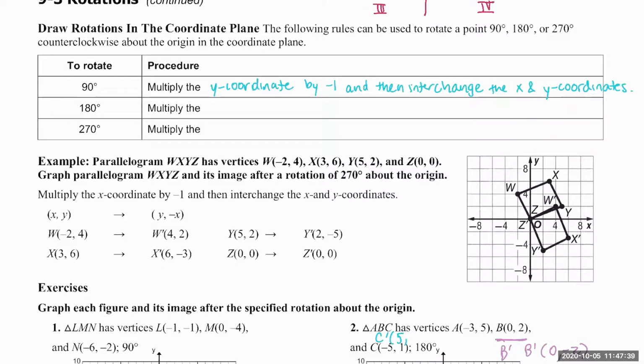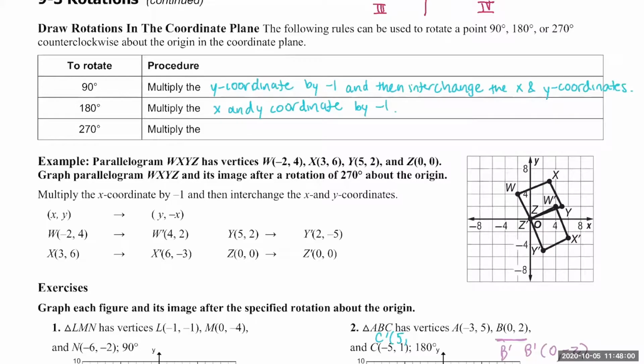Okay, so here it says multiply the y coordinate by negative 1, which means make it the opposite, and then interchange the x and y coordinates. 180 degrees, we saw that we didn't have to interchange. We just had to make the x and y coordinates opposite. So another way of saying that is multiply the x and y coordinate by negative 1.